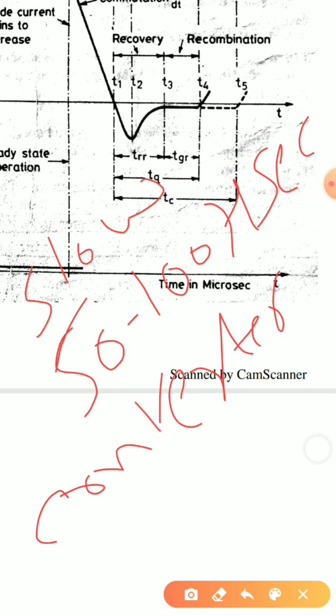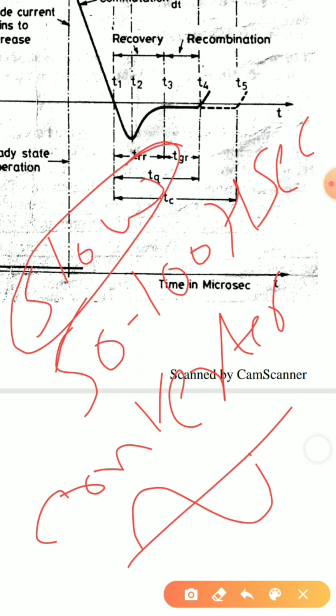Converter grade thyristors are cheaper. They can be used for rectifier circuits, cycloconverter circuits, and AC voltage controller circuits. Wherever the AC supply is used, in those cases I can use slow turn off or converter grade thyristors.